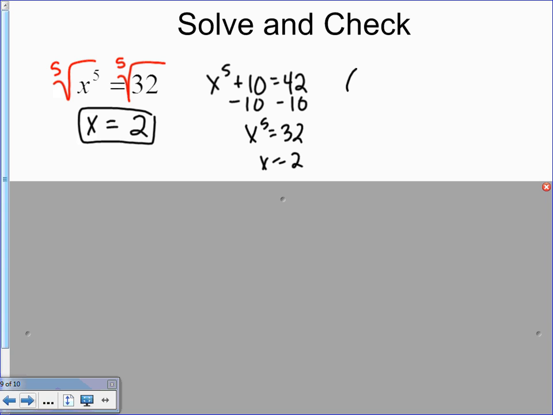What if I change it like this? x plus 10, no, to the 5th. I meant 5th. x plus 10 to the 5th equals 32. What do you do first? You can't undo the 10 because it's in a group of parentheses.